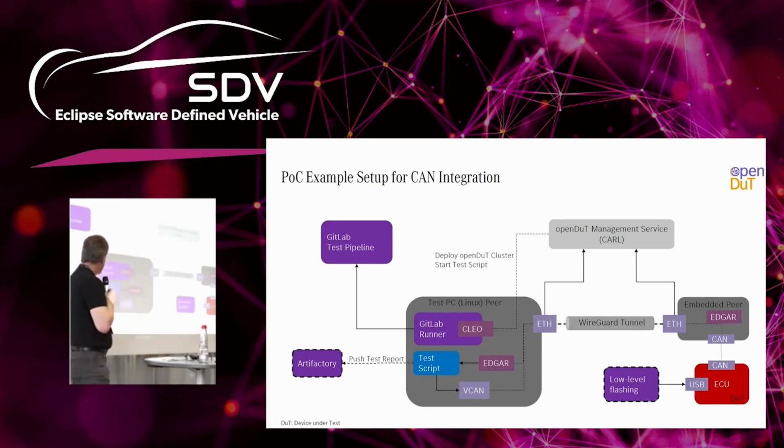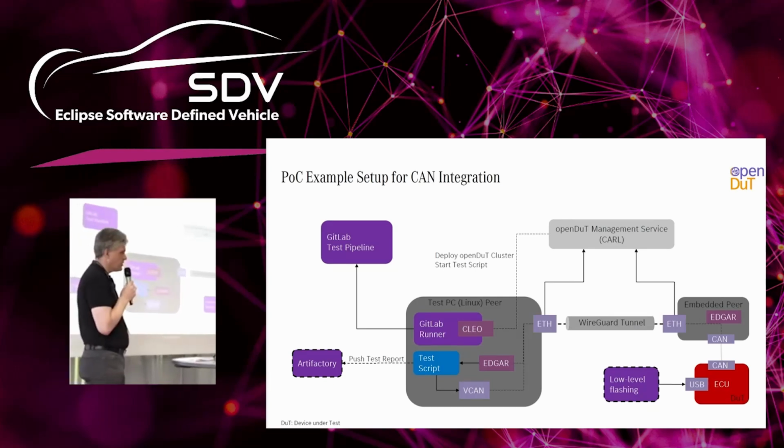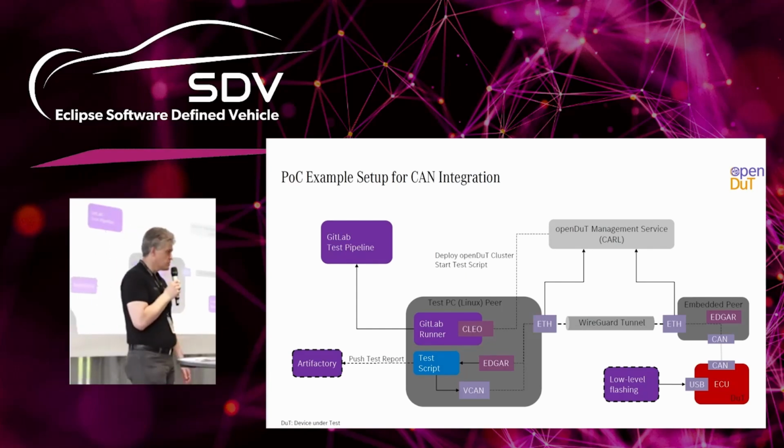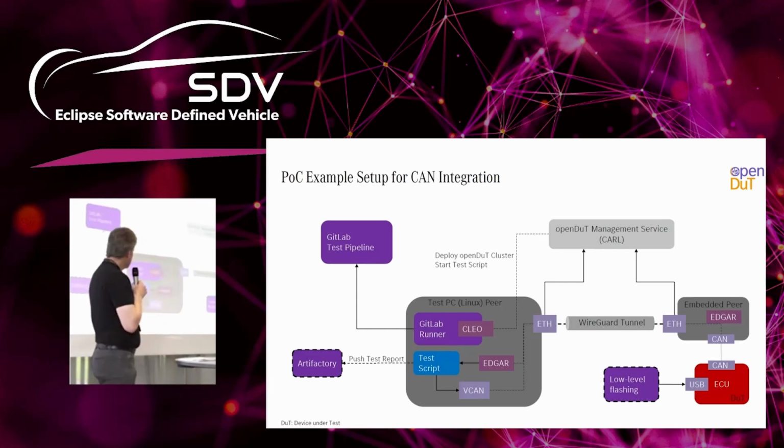The results of the test script can either be reported to any kind of repository, like log files or other data that you collect during the test execution. And in another step, the idea is that we will integrate it into CI/CD.